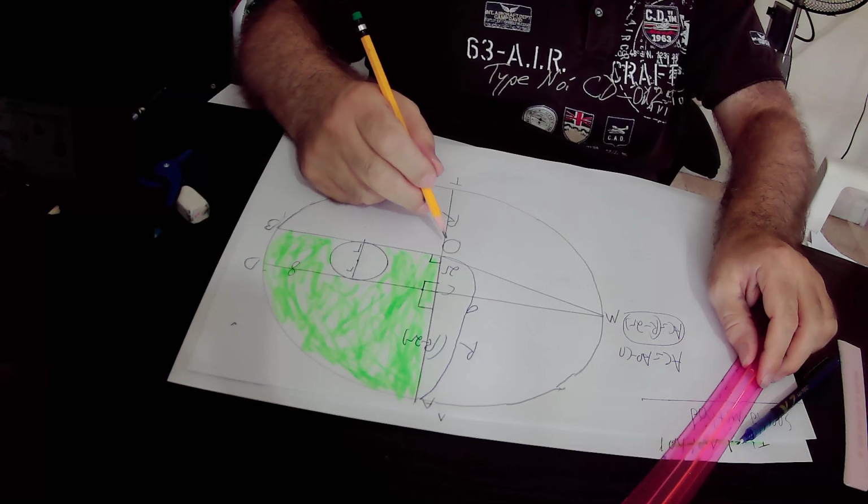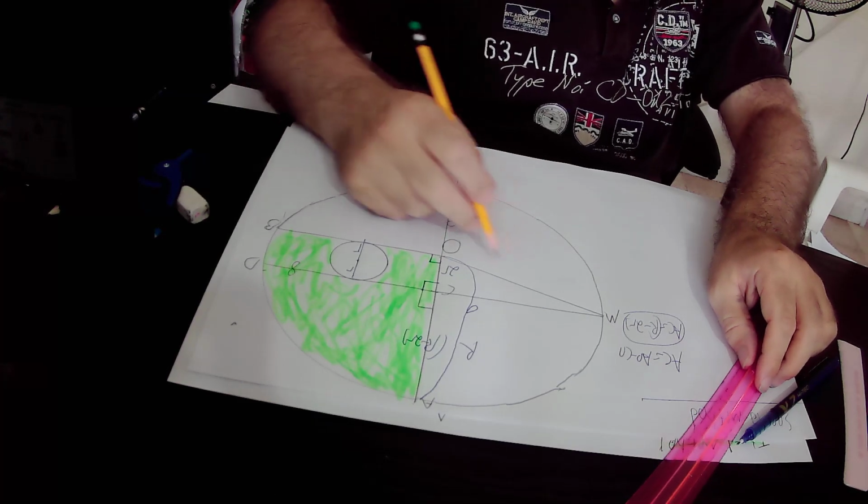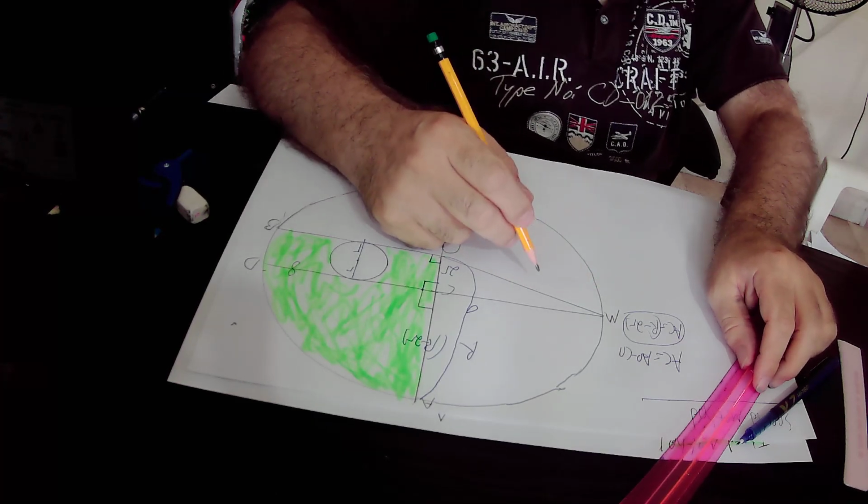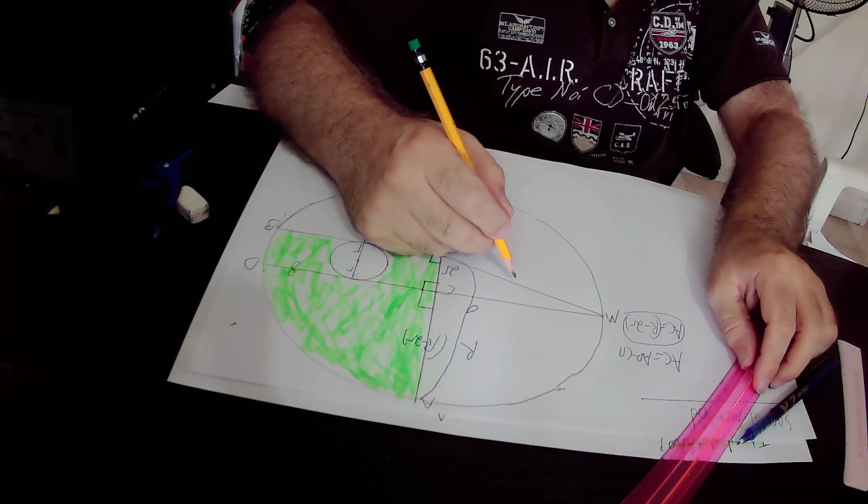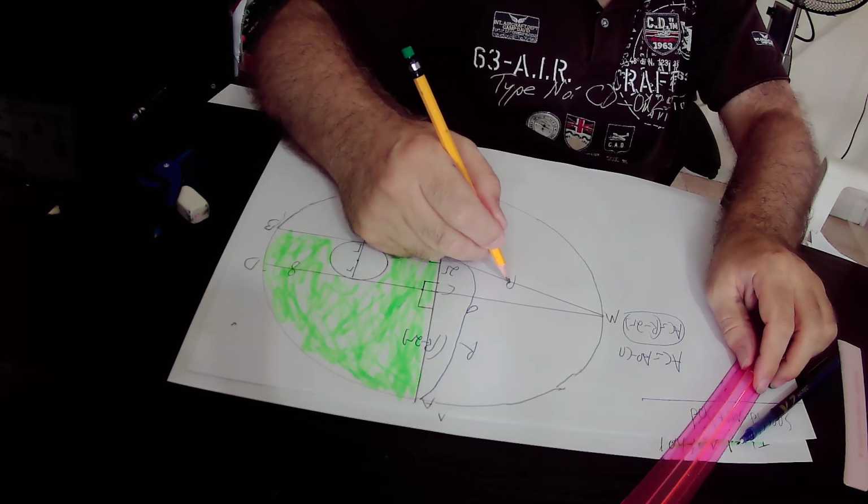Point O is the center of the big circle, point M is a point on the big circle itself, therefore OM is the radius of the big circle that is equal to capital R.